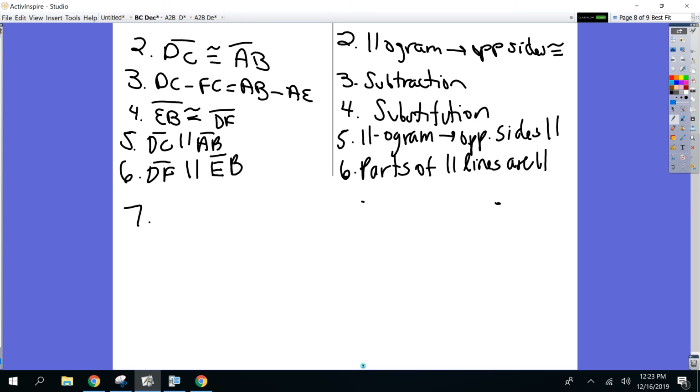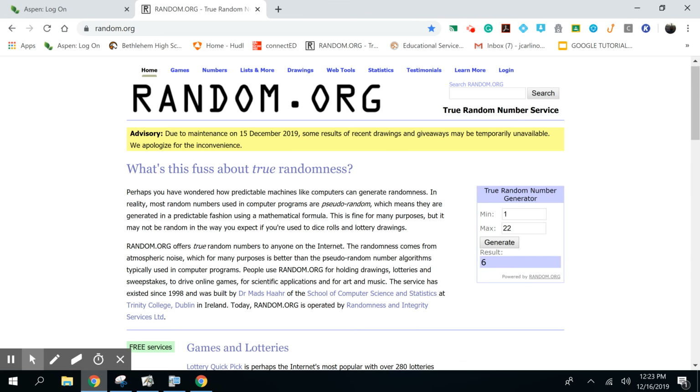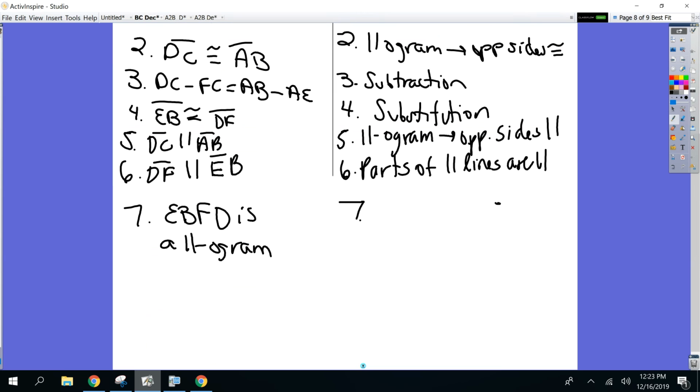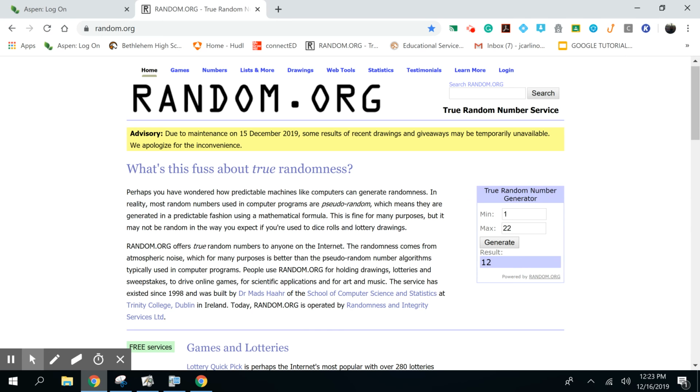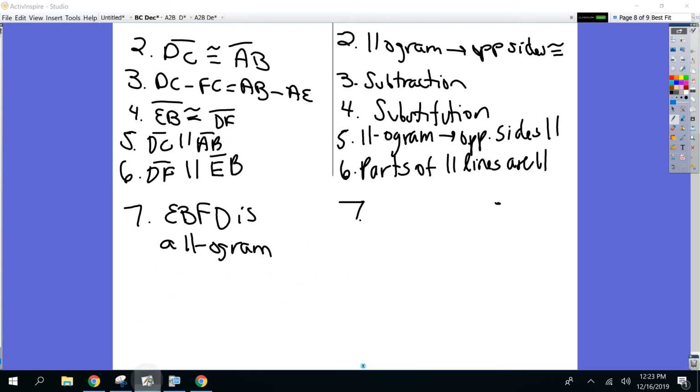What's it? EBFD? Is that right? EBFD is a parallelogram. What's the reason why? 19, not here. Great job. 12, reason that's a parallelogram. Not here. 12, nope. I'm on my game today. 8, and I guess I'm not on my game.